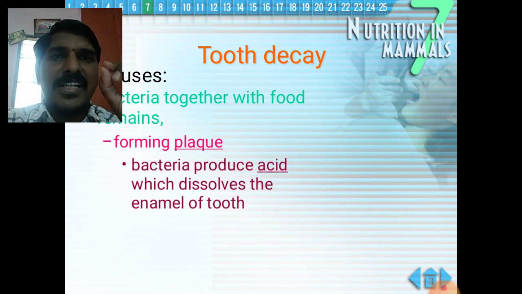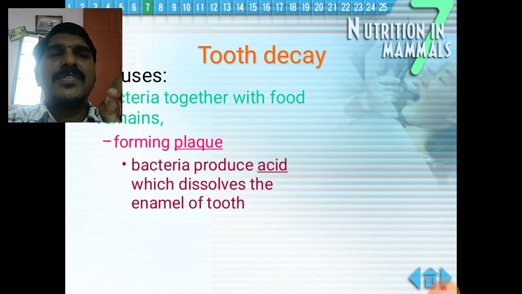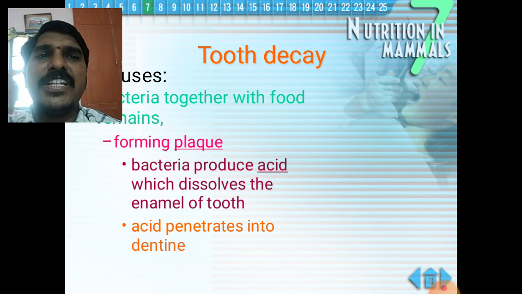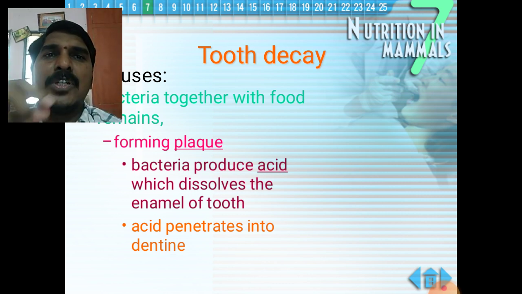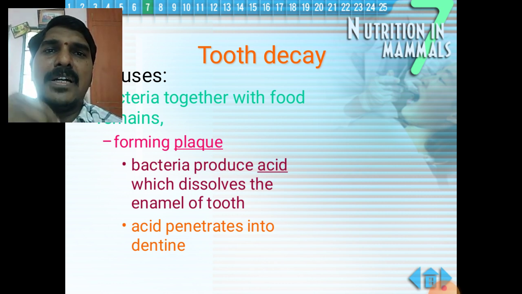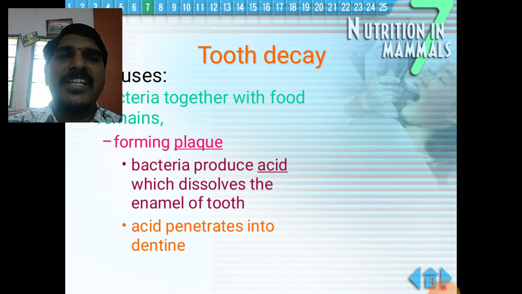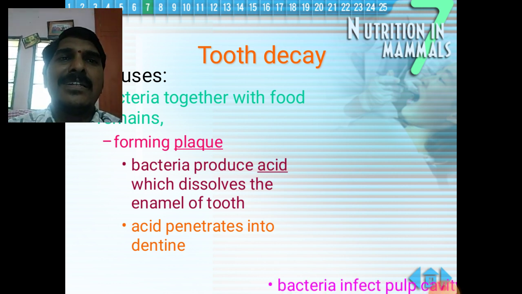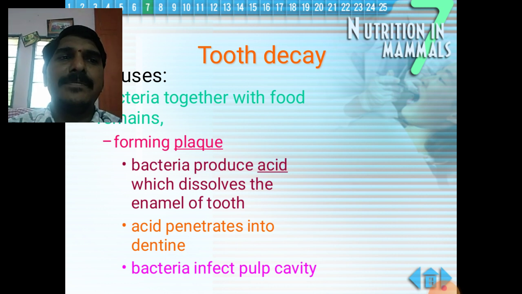These bacteria produce some acid which dissolves the enamel of the teeth. In the beginning we have seen the tooth structure also. The enamel is the white portion of the teeth. This acid penetrates into the dentine, causing tooth decay.